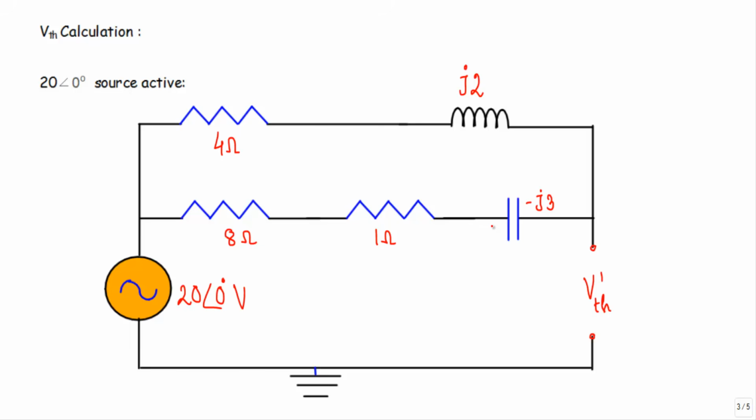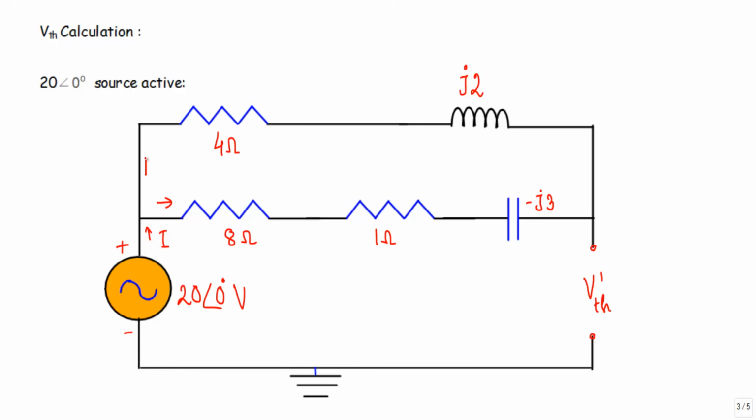Now see, at first you have to understand the direction of current flow in the circuit to calculate this VTH prime. See here, if this is its positive terminal and this is its negative terminal, let's say, for the sake of argument, the source is supplying a current of I. It will divide into two portions.